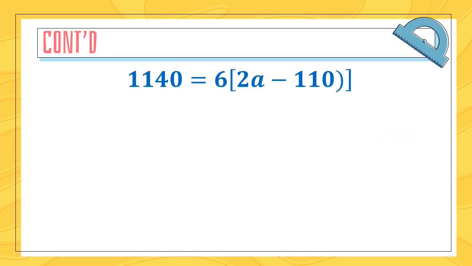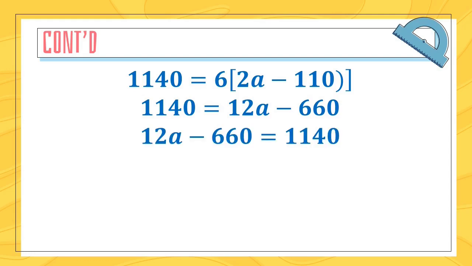We can simplify this further by multiplying through by 6, and that will produce 1,140 equals 12A minus 660. We can also decide to move the expression on the right hand side to the left, and also the 1,140 to the right hand side.